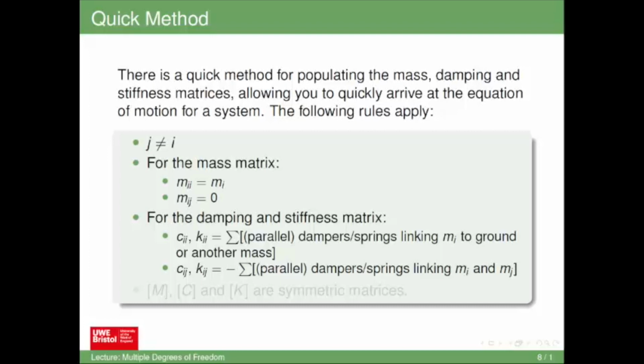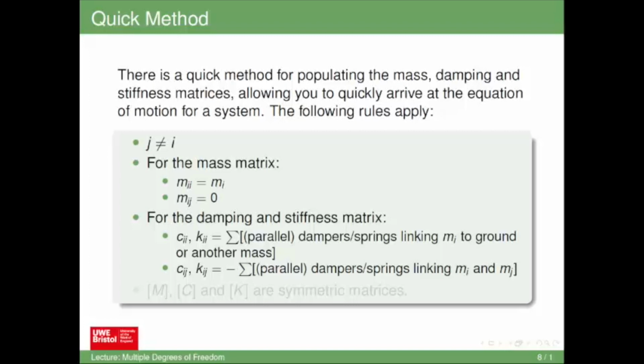You add up those things connecting the masses to each other, and then you take the negative sign in front of them. So on the diagonals, it's the things connecting M1 to ground or to another mass, and then I and J is where you're looking at the things between mass I and J, where I is 1, 2, 3.